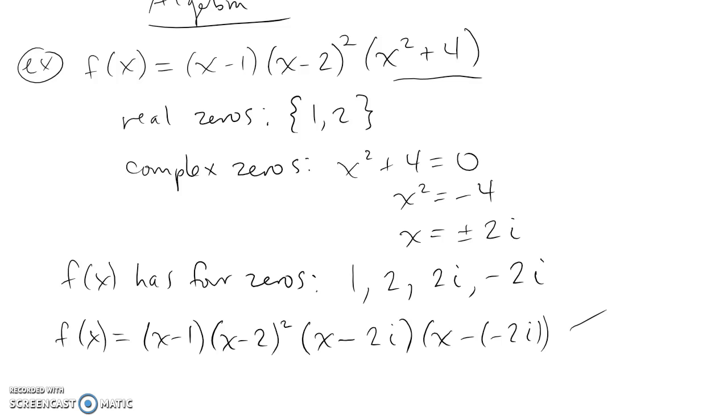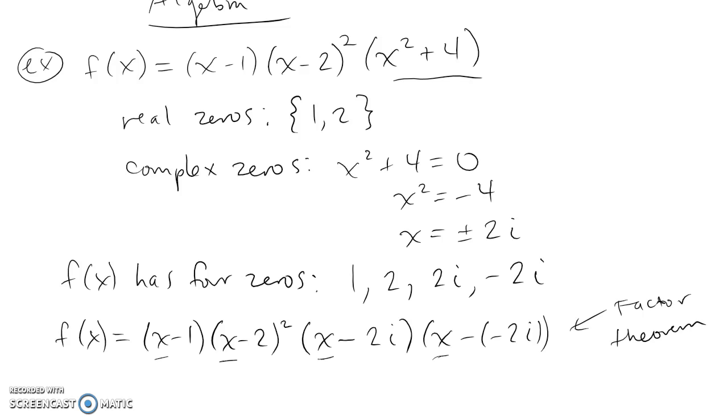Right here I'm using the factor theorem that tells us, if c is a zero of a polynomial, then x minus c is a factor, right? We're going to notice that f of x is of degree 5. We have 1 x, 2 more x's, so that's 3, a 4th x, and a 5th x.